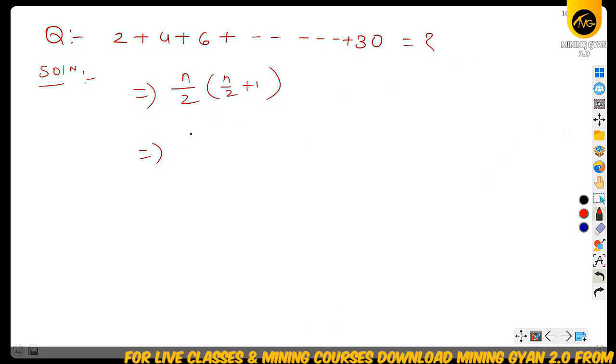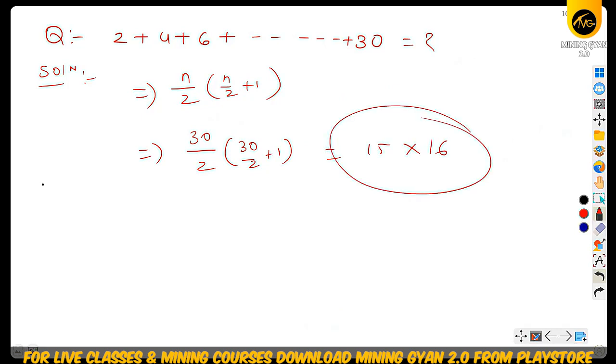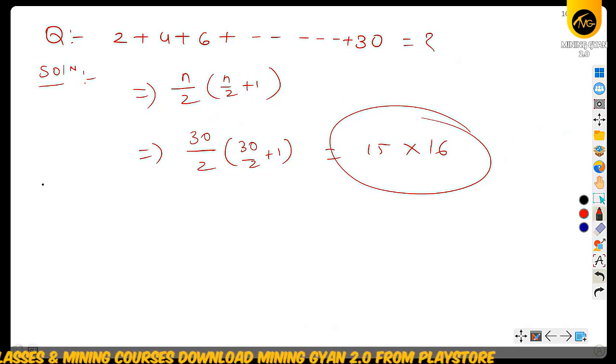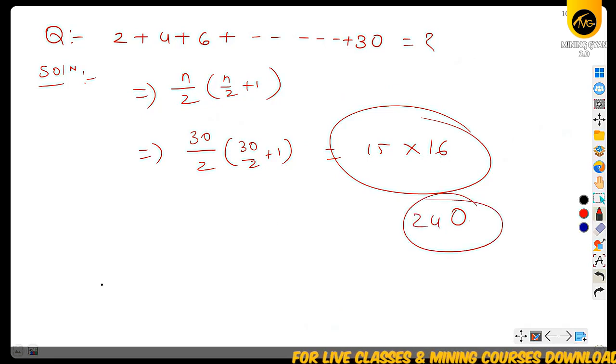Clear? 30 is the highest number, that is n. 30 divided by 2 is 15, plus 1 is 16, so 15 into 16. What is 15 into 16? 240. So 240 is the correct answer.